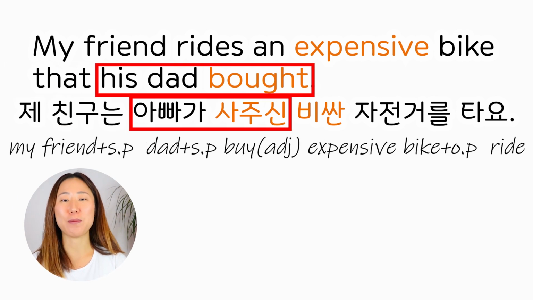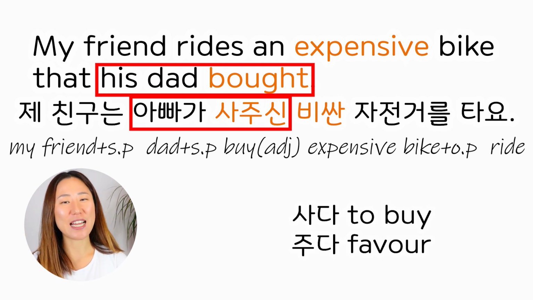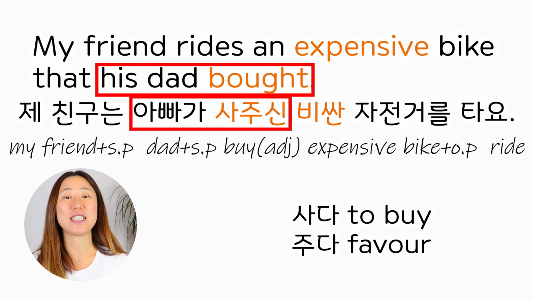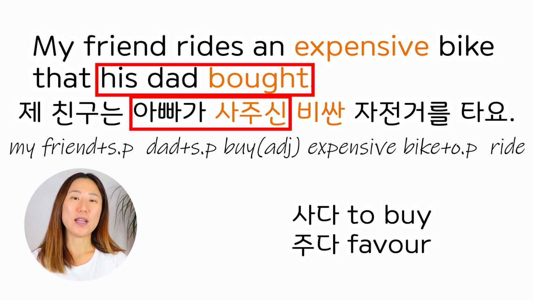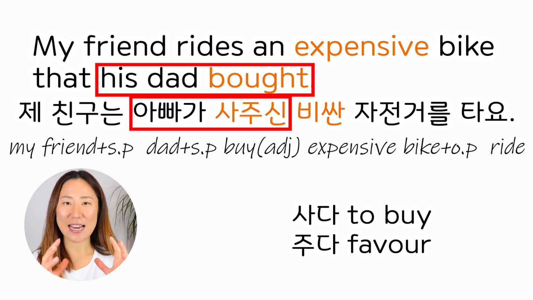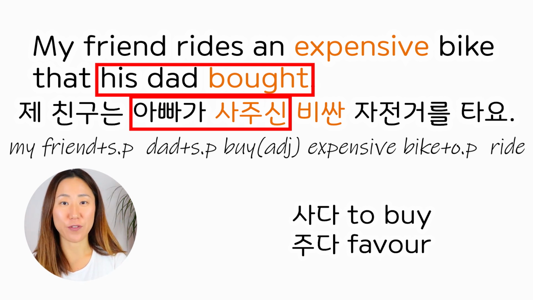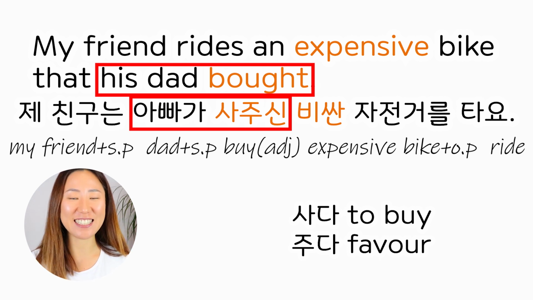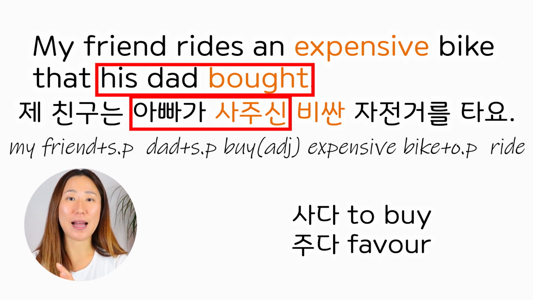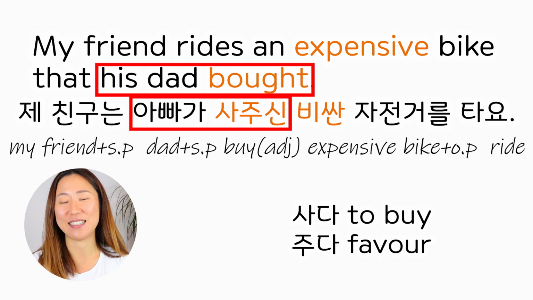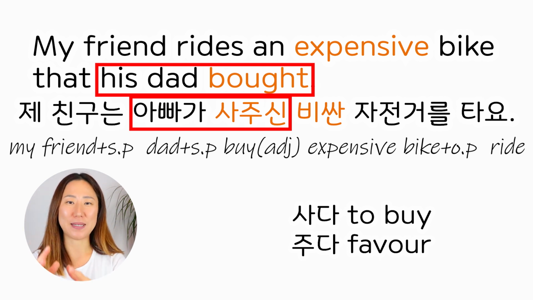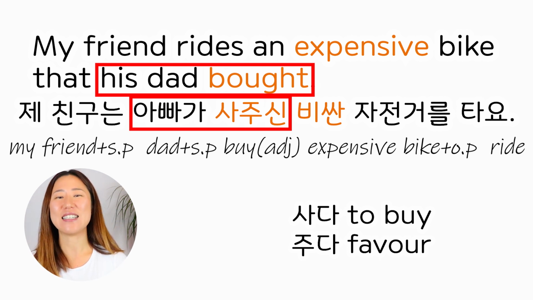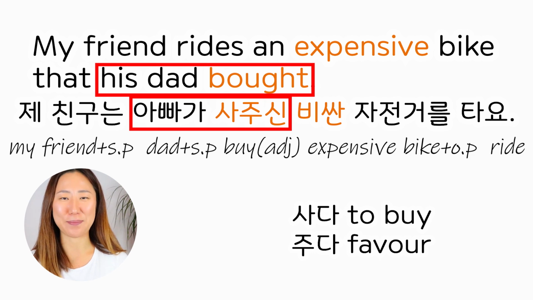This is from a verb 사다, to buy, with another verb 주다 as a favor. 비싼 자전거, we already got that expensive bike. So 아빠가 사주신 ends up being an adjective clause that came from a regular verb. They turned it into an adjective. Expensive bike that his dad bought. 아빠가 사주신 비싼 자전거를 타요. The rest is the same.